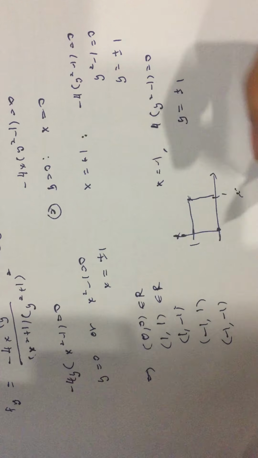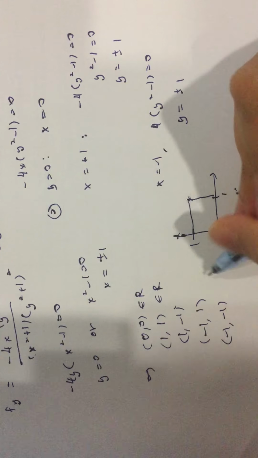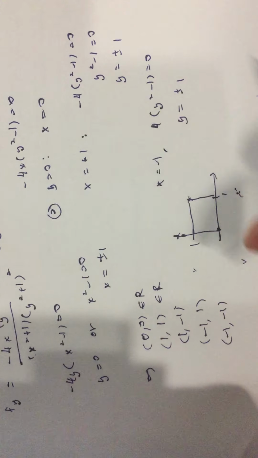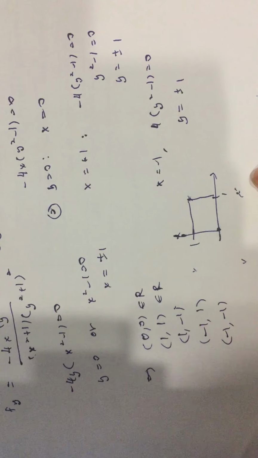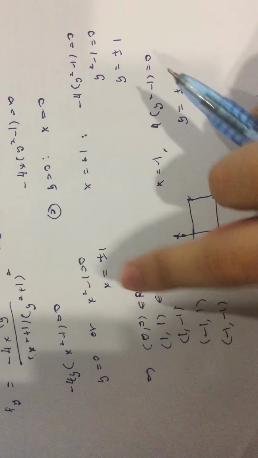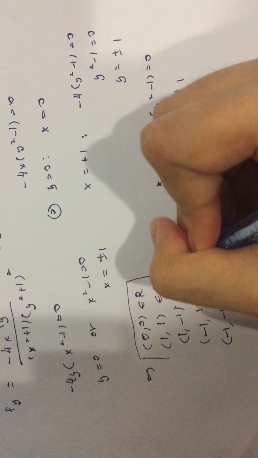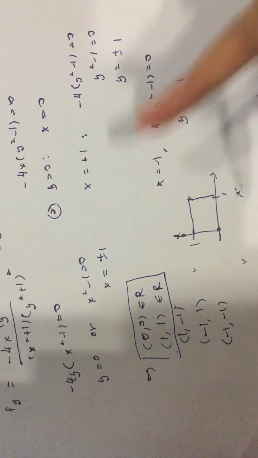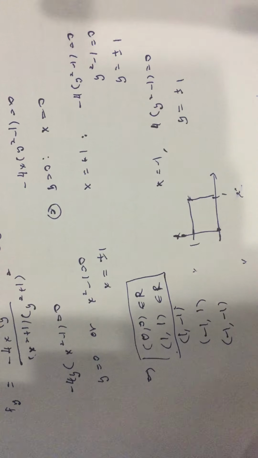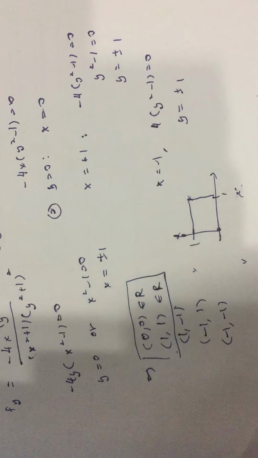And then minus 1, 1 is over here, and minus 1, minus 1 is over here. So all these 3 points are outside the region, so we can just ignore these 3 points. So we just need to take into account these 2 points, which are actually the corners that we will calculate later.